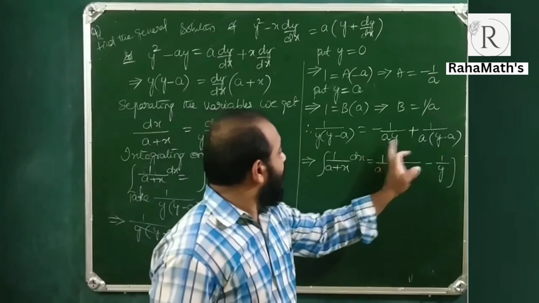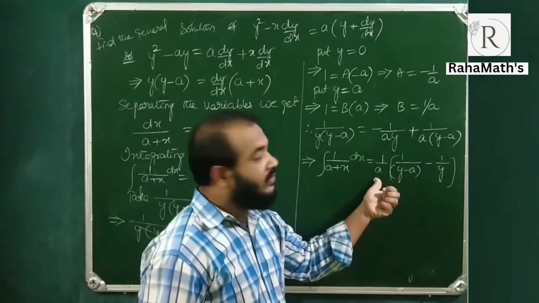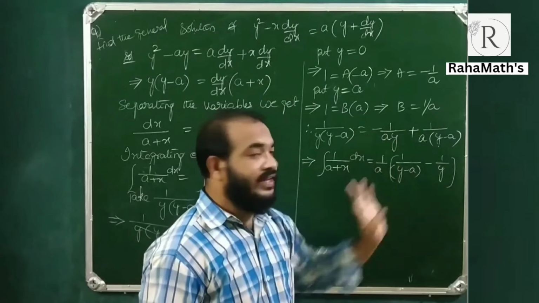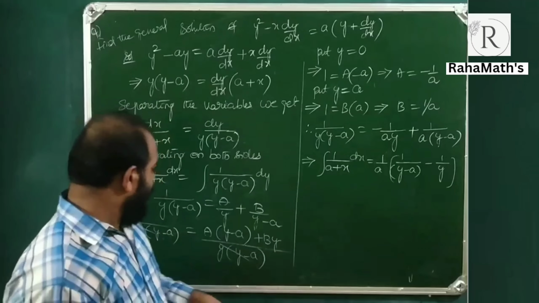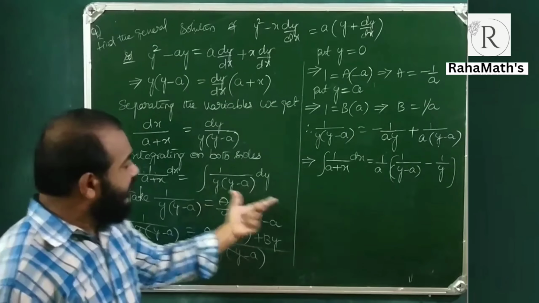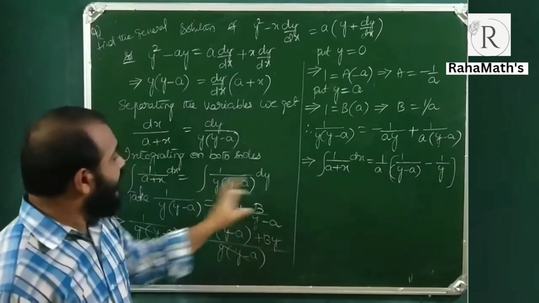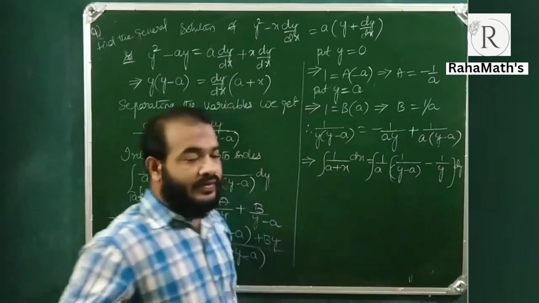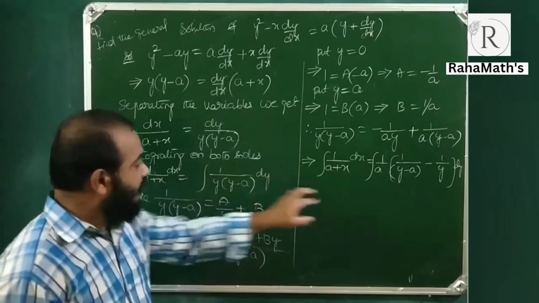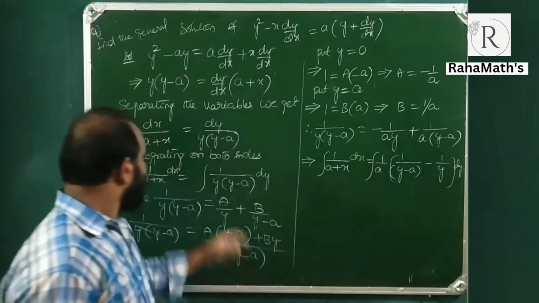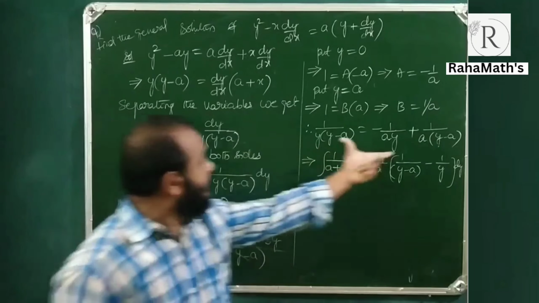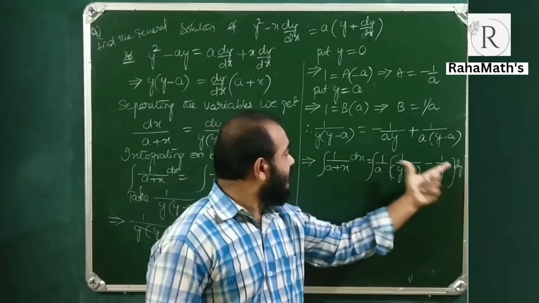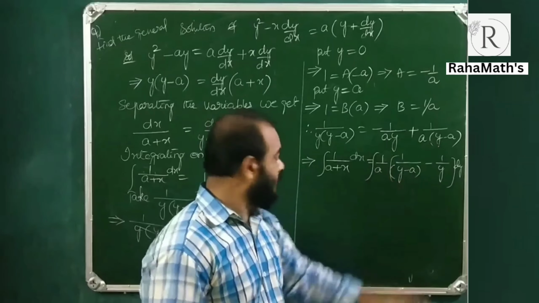In both of them I have taken 1 by a common. So this is 1 by y minus a minus 1 by y, and the integral dy I have written the same.